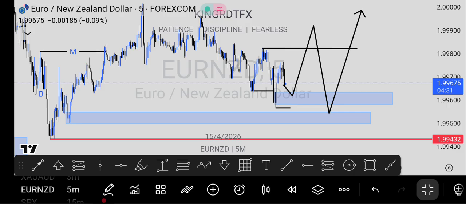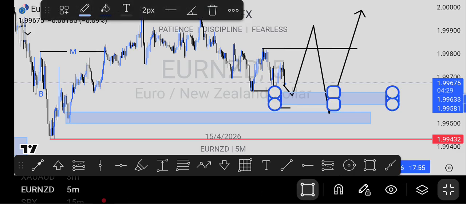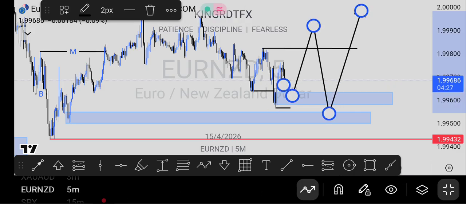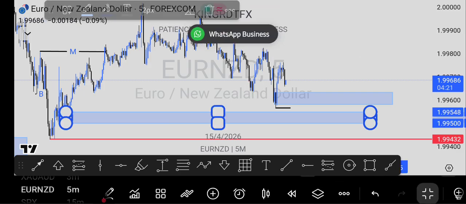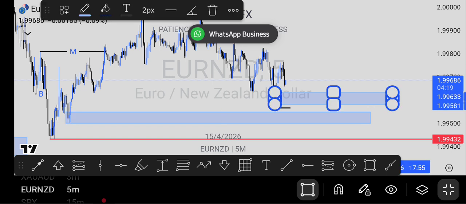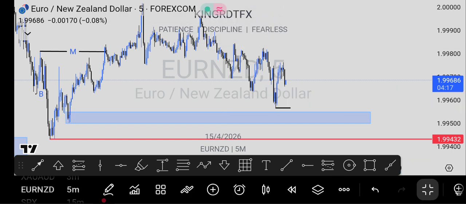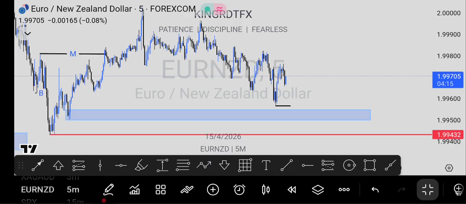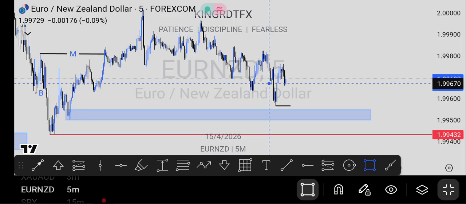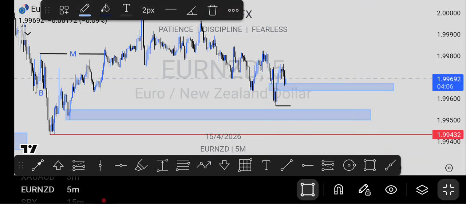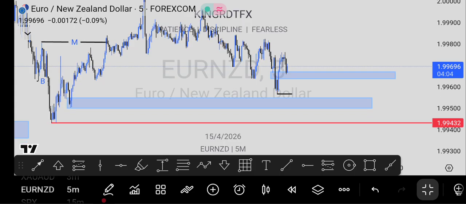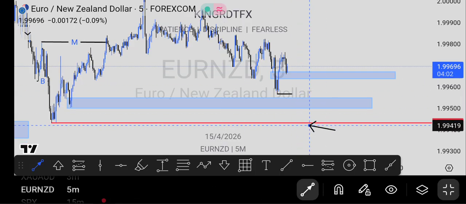That's what price can do for us to get a nice entry. But if you don't want to miss price, and you don't want a tight stop loss, you can enter from right here, right? You can enter here and put your stop loss below this red line here.